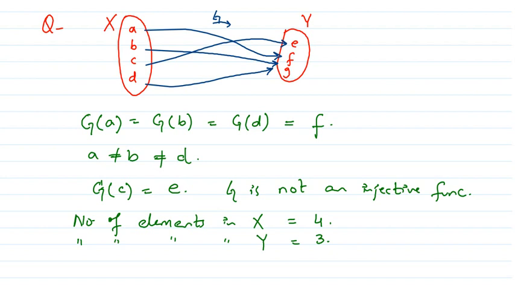So, can we have a threshold or boundary on the size of the domain of the function, x, and the codomain of the function, y? They should be at least the same. The size of both should be equal, in order to have a possibility of a one-to-one function.